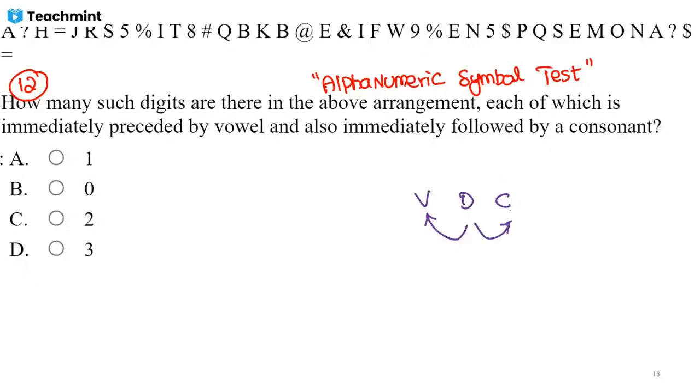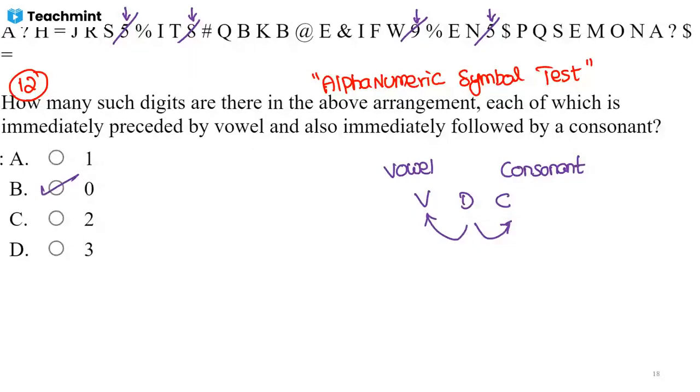Preceded means before. So a digit before a vowel is required, and after that a consonant. So how many such digits are satisfied here? You have only 1, 2, 3, 4 digits, so check only those 4. Digit before vowel, no. Digit before vowel, no. There is no such. So we can say 0.